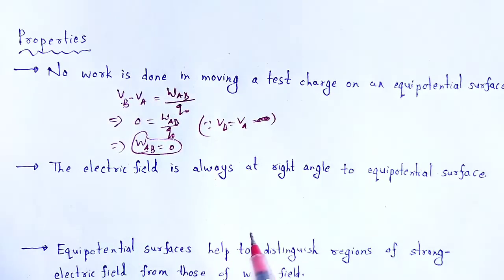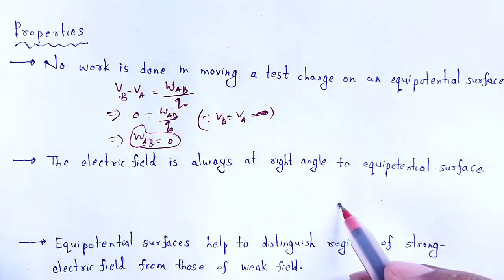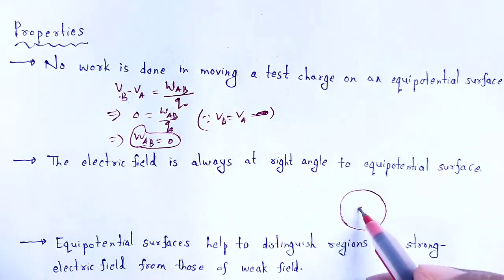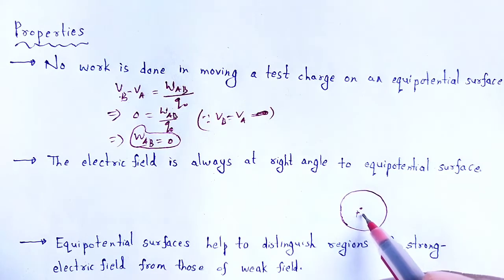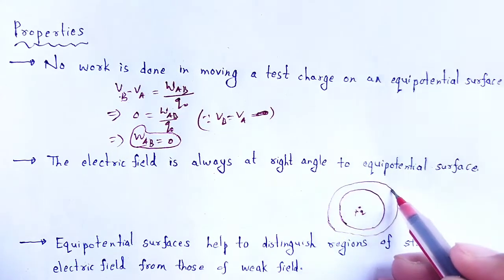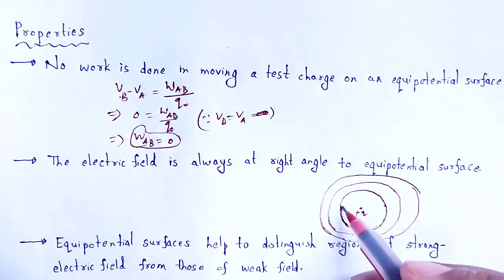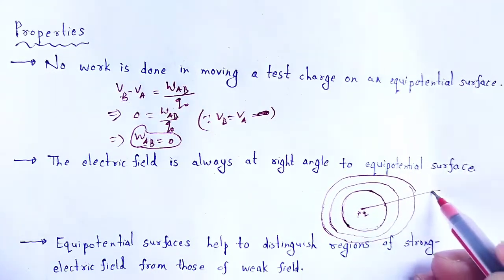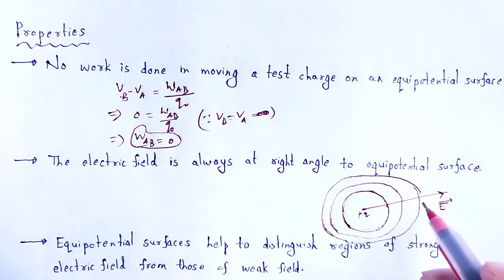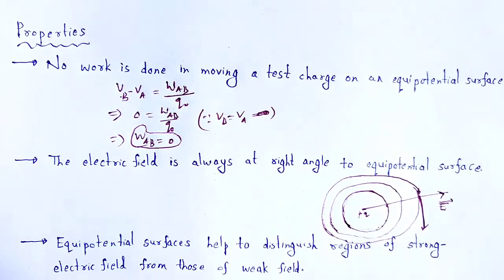Second property: the electric field is always at right angles to the equipotential surfaces. Let us take the equipotential surfaces. Here is a point having the charge Q. These are the surfaces where each point has equal potential, and this is the line of electric field intensity, and the direction of the equipotential surface will be the tangent to the surface.